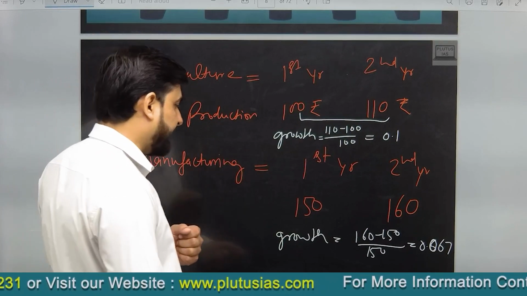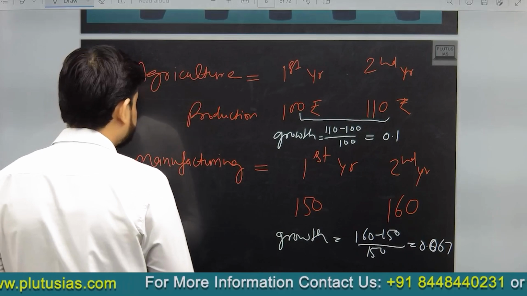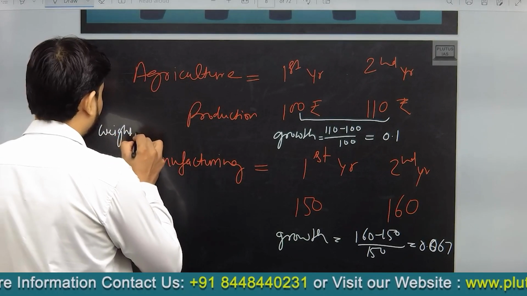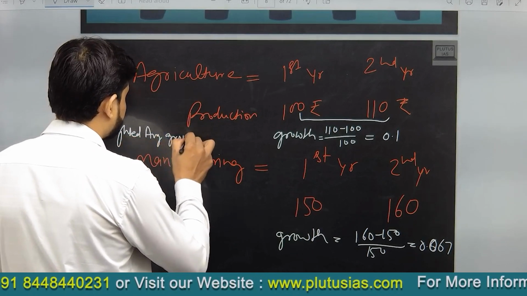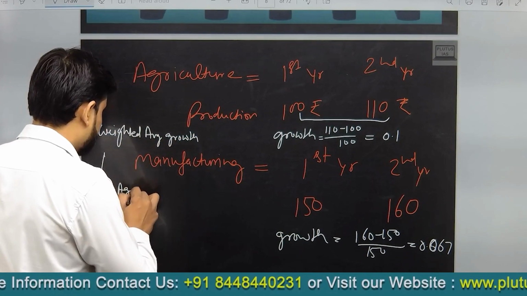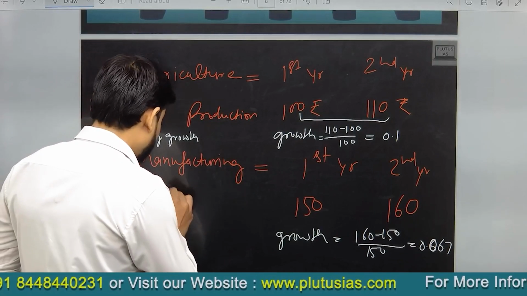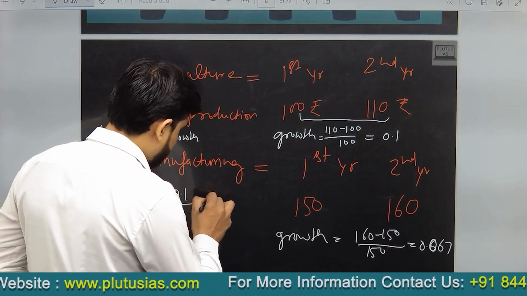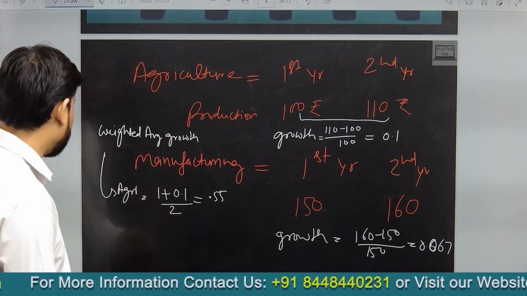Now weighted average growth of first year. Weighted average growth in agriculture sector: 1 plus 0.1 divided by 2 equal to 0.55 or 55%.